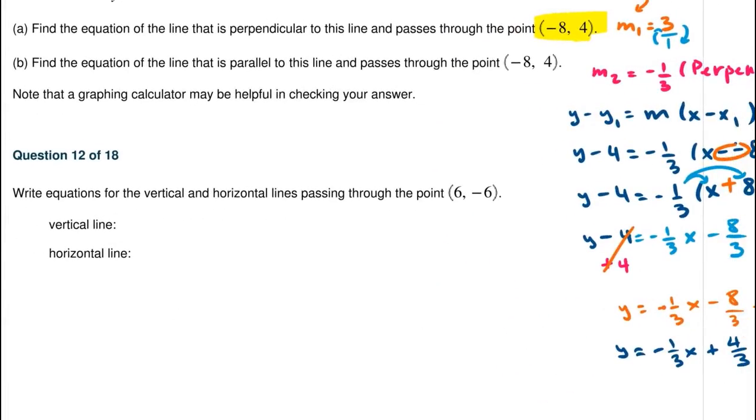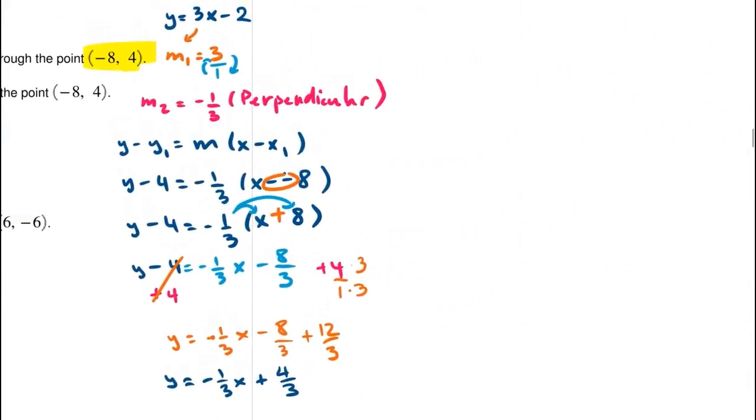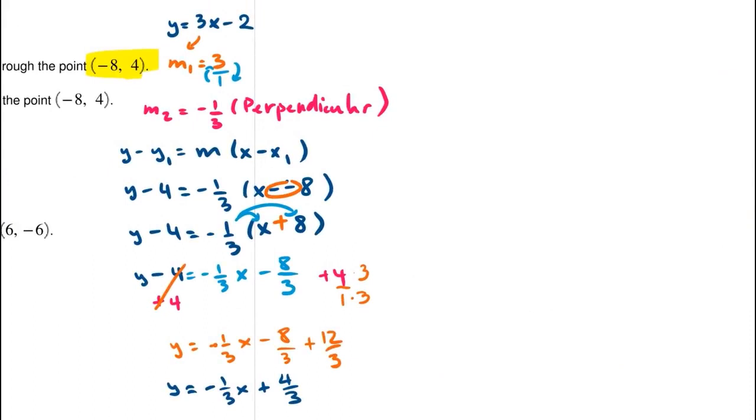Part B, find the equation of the line that is parallel to this line and passes through the point (-8, 4). Okay, so what we're going to do is use the same slope from the original line. I will call it M3 because we wrote a second line, but I want to stay with the original slope.